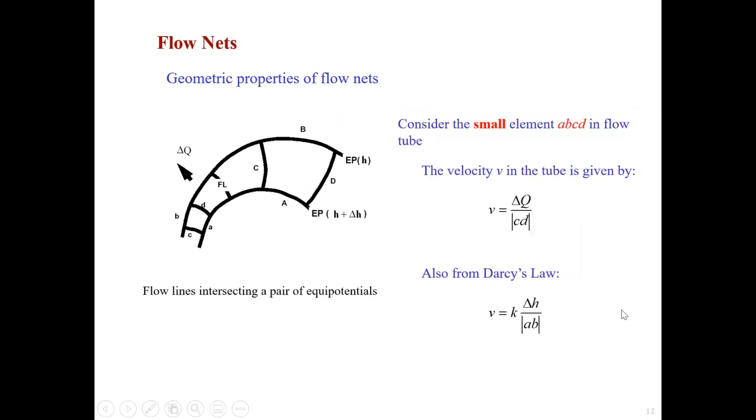Next, we consider a pair of equipotential lines cut by the flow tube. Originally there were two flow lines, but now there are two equipotential lines, and they intersect with the flow lines. That's the flow line, and that's the flow direction. Obviously this is the higher water height, that's the lower water height, so there's a tendency for water to flow through the tube in this direction.